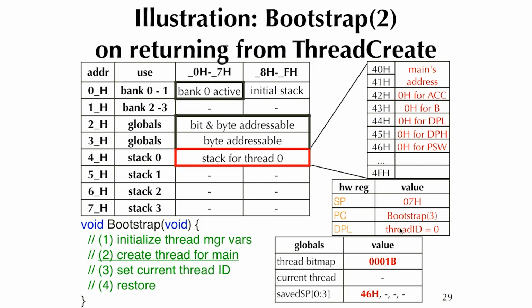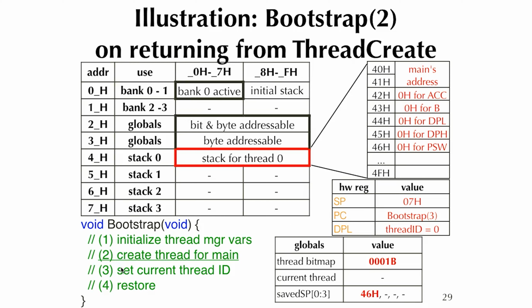We already have DPL, DPH, and then it sets up the context, but then the stack itself is back to empty because by the time thread create finishes, it returns back to Bootstrap. So Bootstrap is back down to 7, okay? Because it returns from this, and then stack is empty. Stack was 9, now back to 7.